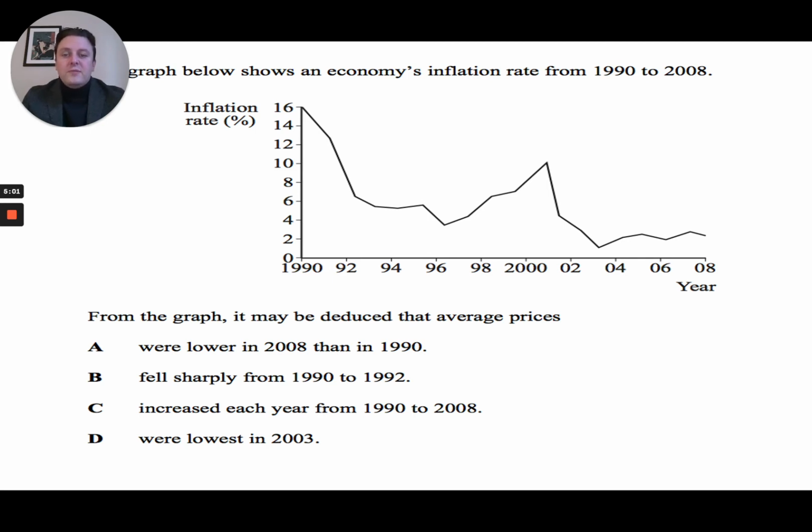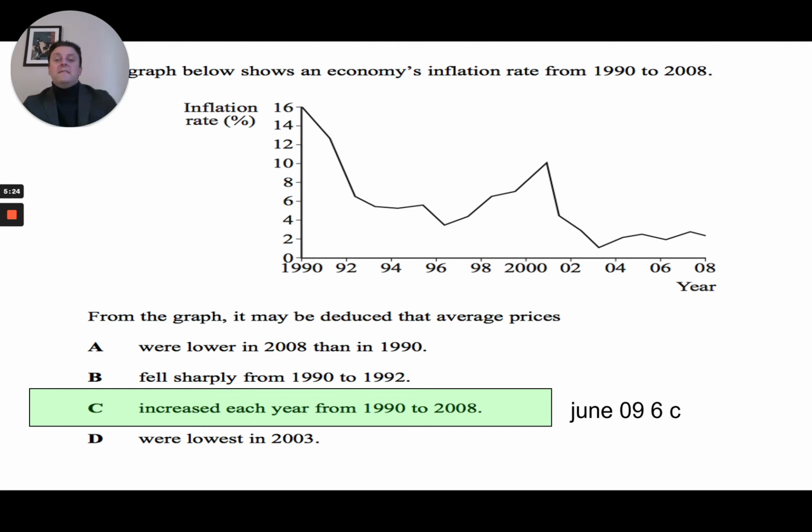From this, we can surmise that the average prices were A, lower in 2008 than 1990, B, fell sharply from 1990 to 1992, C, increased each year from 1990 to 2008, and D, were lowest in 2003. Okay, it's C, which is increased each year from 1990 to 2008.